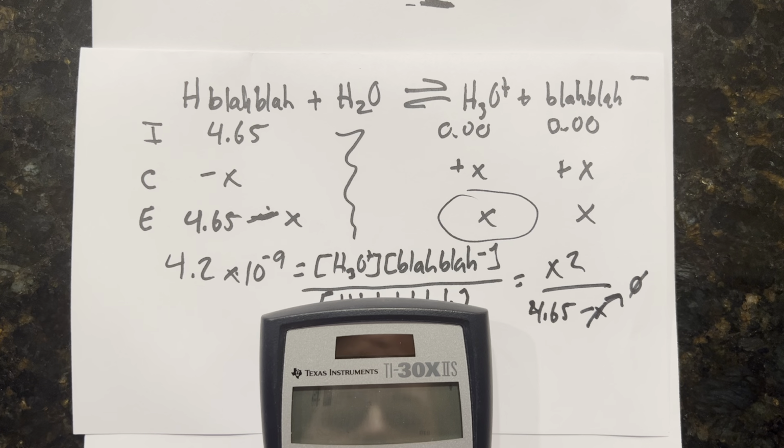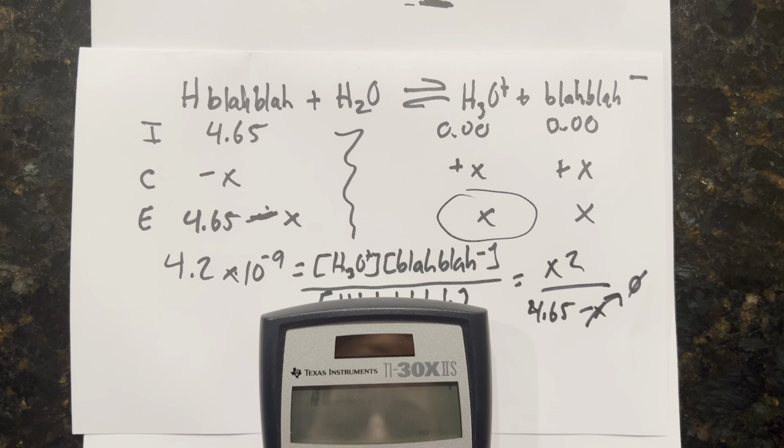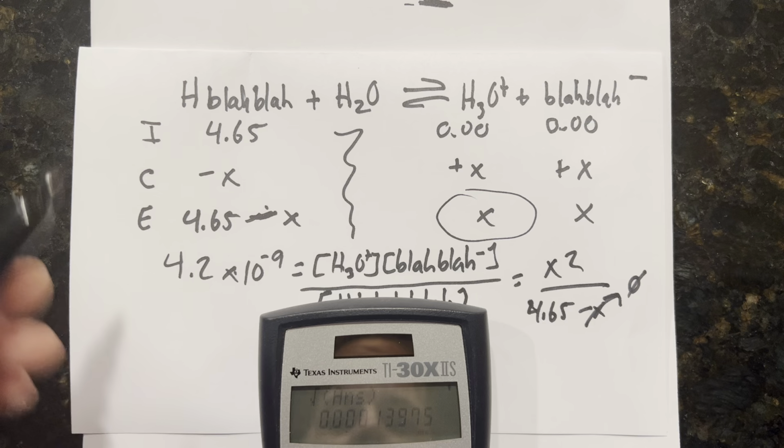All right, so I'm going to do 4.2 times 10 to the negative 9 times 4.65, and then I've got to take the square root of it. And I get an answer of 1.4 times 10 to the negative 4.